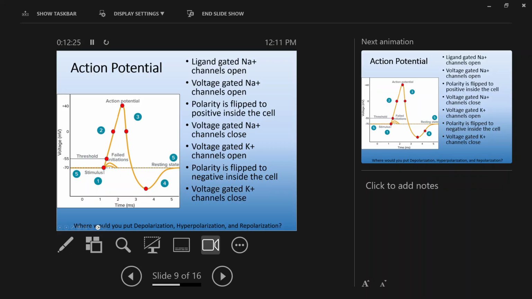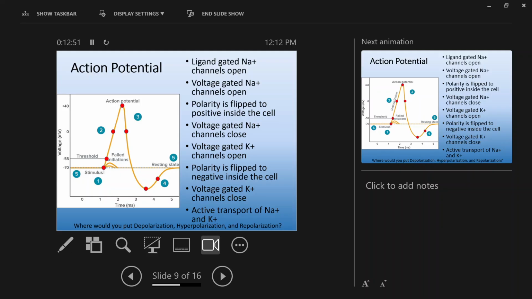I have dropped so far in the negative, I'm out of its range of operation. Those channels close. So now nothing's moving, right? I've closed all of my openings, we've restricted that motion. The last bit here, what do we need to do? Active transport of both potassium and sodium back to their original concentrations. There's your action potential. Okay.